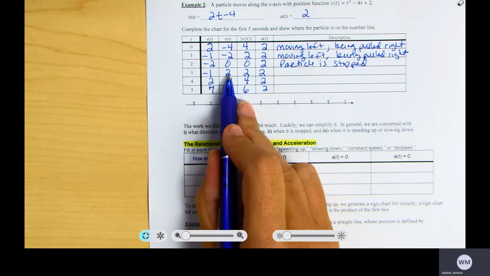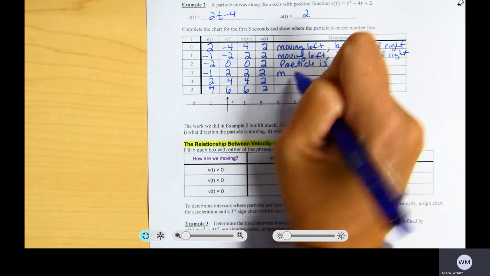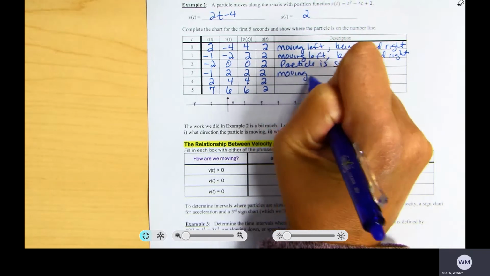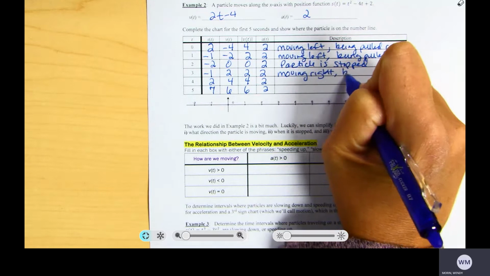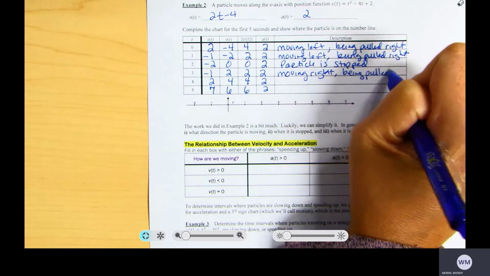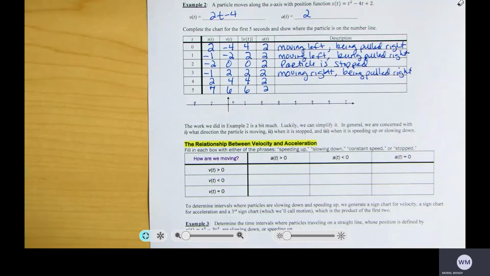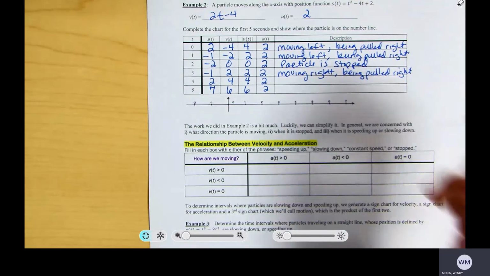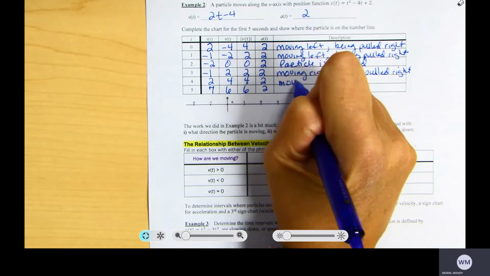How about this one? Velocity 2, acceleration 2. So positive, so you're moving to the right, and you're being pulled to the right. So that's going to help speed you up. Same thing, moving to the right, being pulled to the right.